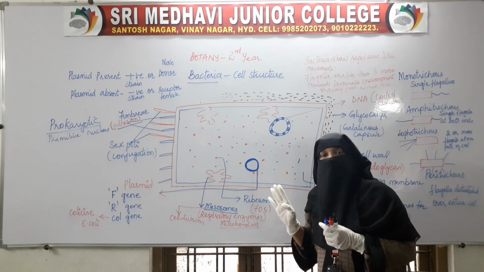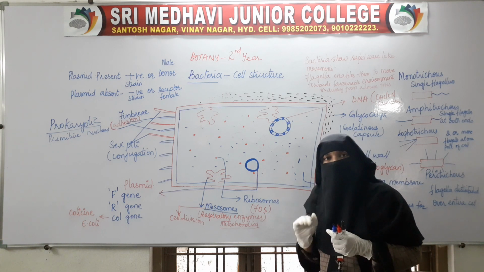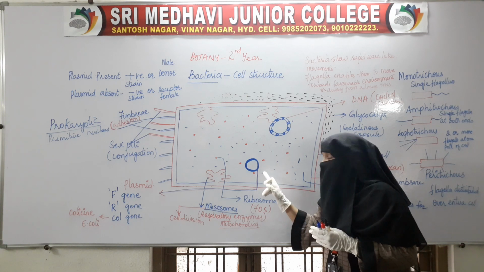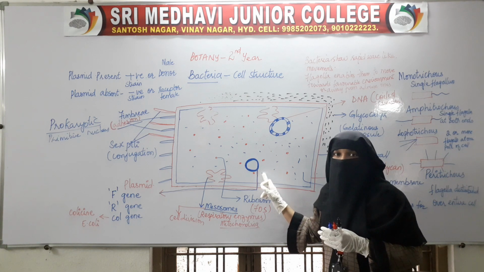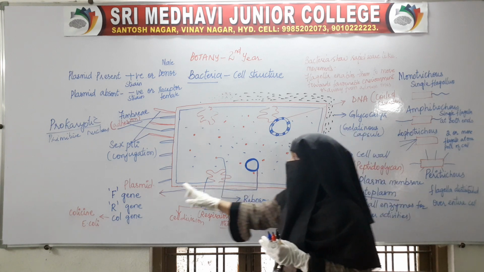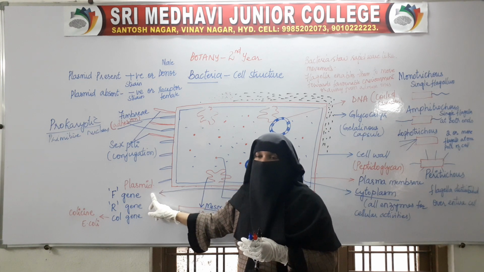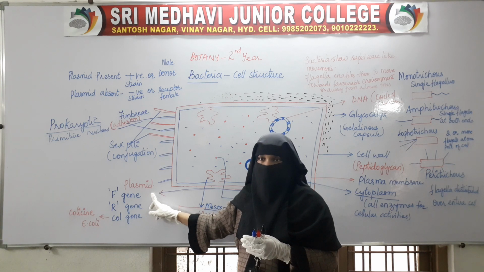But in a few bacteria, an extra copy of DNA is also present, and that extra copy is called plasmid.